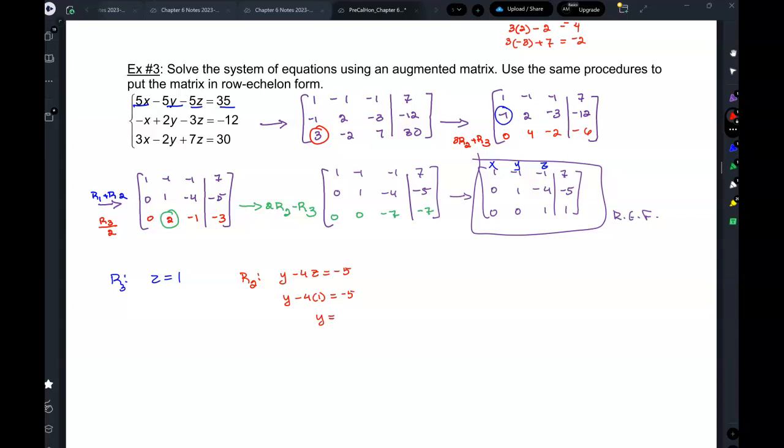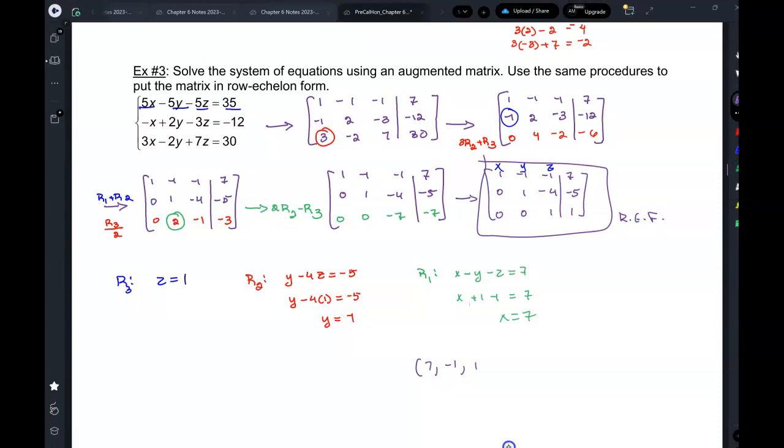Y is -1. And then row 1, x minus y minus z equals 7. X plus 1 minus 1 equals 7. So x is 7. So the answer is 7, -1, 1.